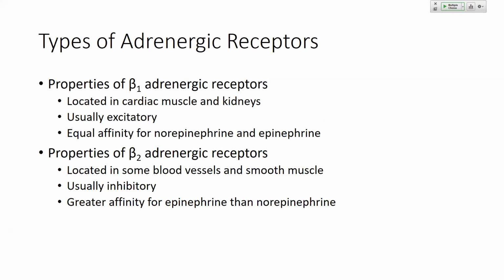Let's distinguish some properties between beta 1, beta 2, and beta 3 receptors. So beta 1 receptors are usually found in cardiac muscle and in the kidneys. They are usually excitatory, and when I say excitatory here, I mean their effect at the tissue level. So excitatory can be speeding up the heart rate, can be increasing airflow if we're talking about the lungs.